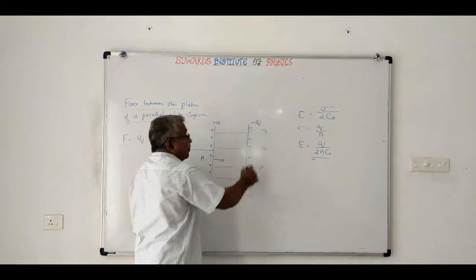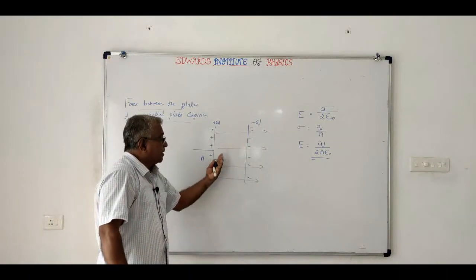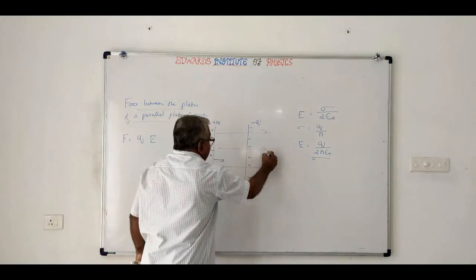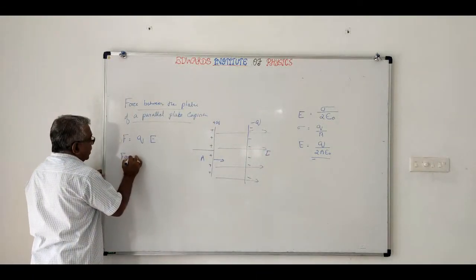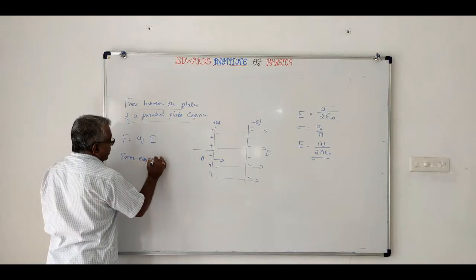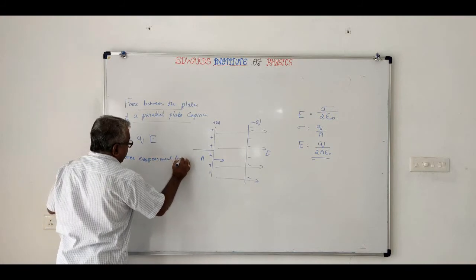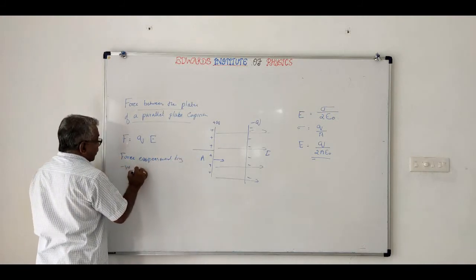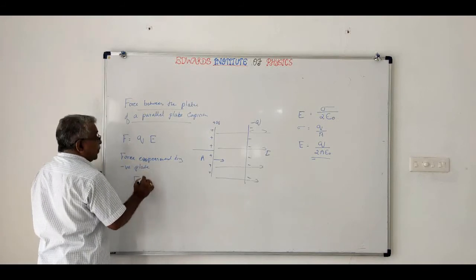It is minus Q. Then what will be the force experienced by this plate when it is placed in this electric field E? The force experienced by the negative plate will be F equal to Q into E.